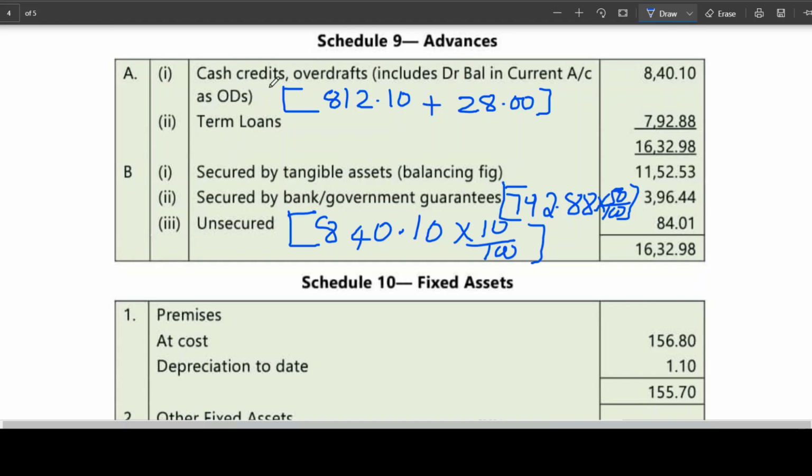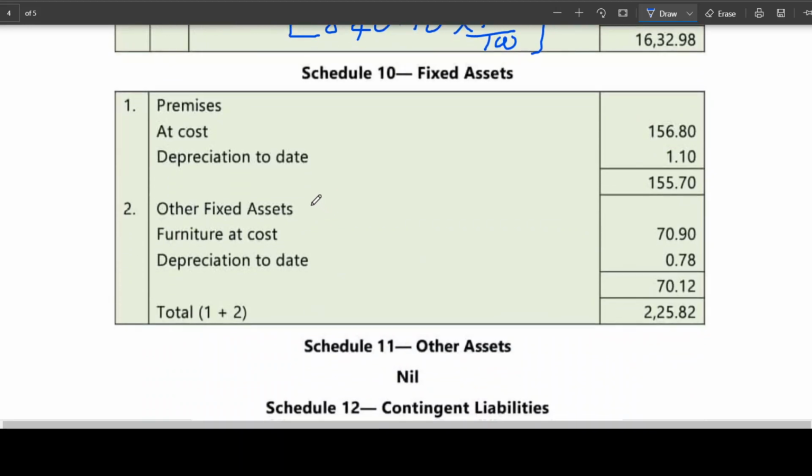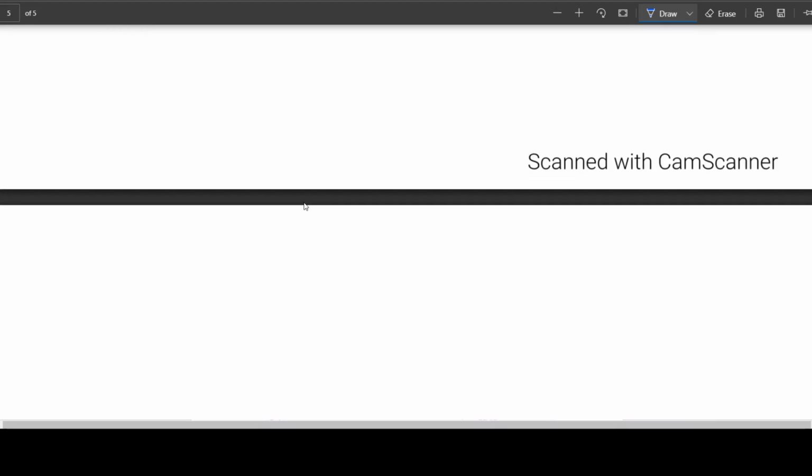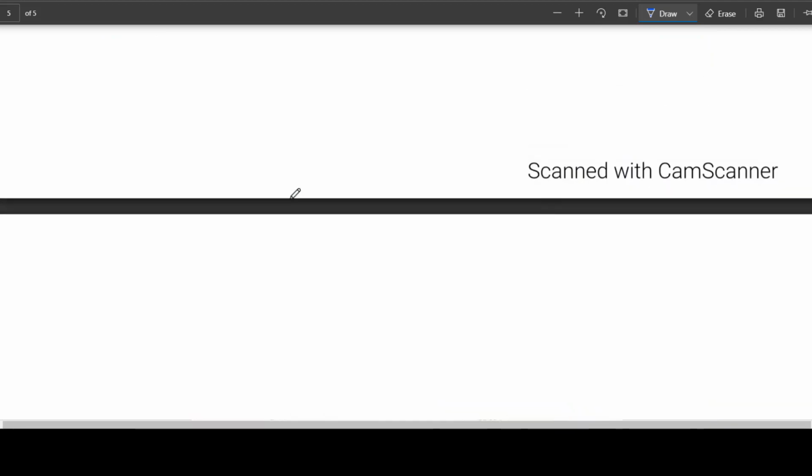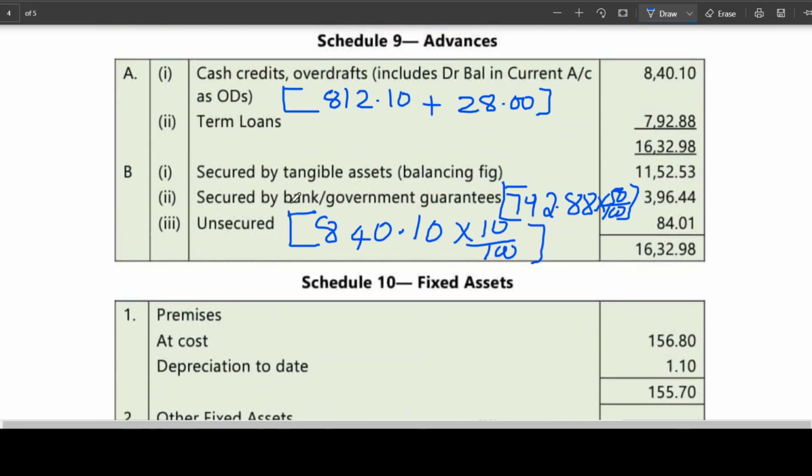So cash credits here is not only 812.10, it includes overdraft. That is why 10% is unsecured. We have calculated 840.10 into 10% as unsecured. So overdraft and cash credits are unsecured to the extent of 10%.